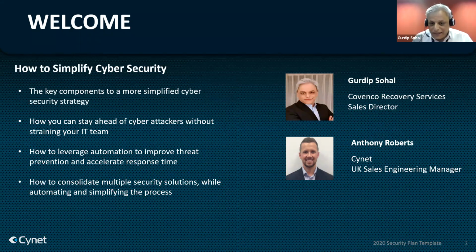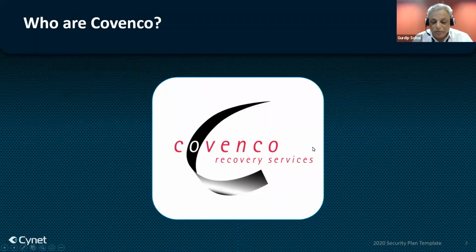Before I hand over to Anthony, I would like to introduce Covenco for those people on the webinar who aren't familiar with who we are. Covenco Recovery Services is a specialist in the provision of data protection, availability, security, and infrastructure support services.